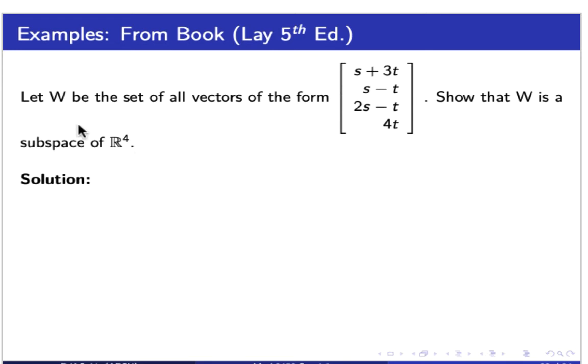Okay, so if I can write W as a spanning set of some vectors, then since we just proved that every spanning set is a subspace, we are done. So let's look at the vectors here. And also remember R4, guys, is a vector space.